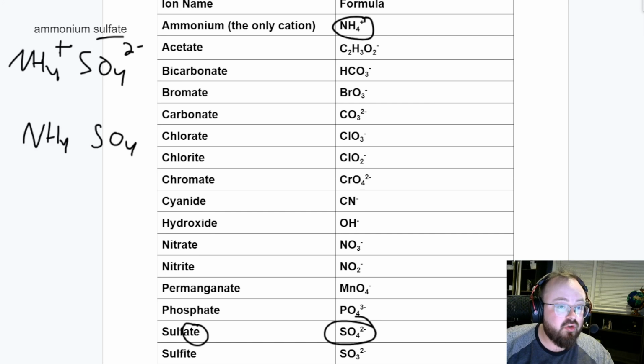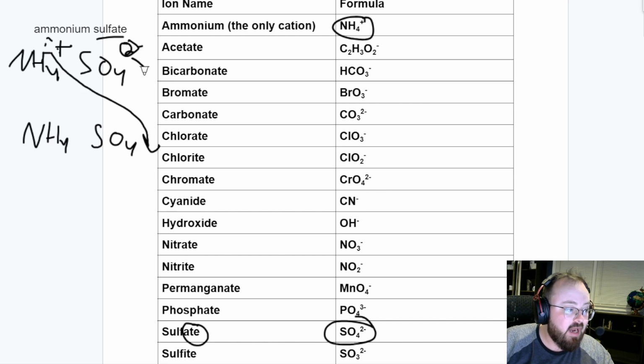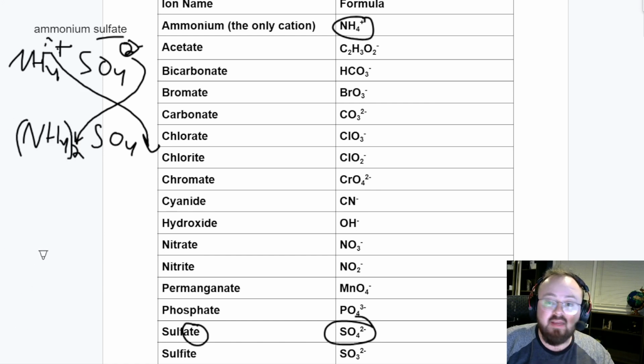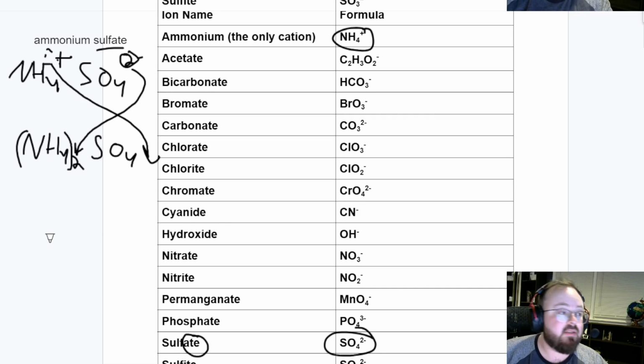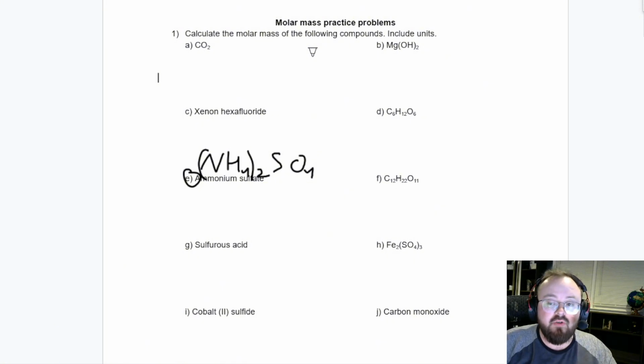We're going to take our charge, which in this case there is a 1 here, and so that imaginary 1 goes here, which means because it's imaginary, we don't have to write it. But this 2 is not imaginary, and it has to go here. But we don't have a 42, it's NH4 in parentheses with a 2. And that gives us our final answer there, which we can then take back to find the molar mass. So we have (NH4)2SO4.